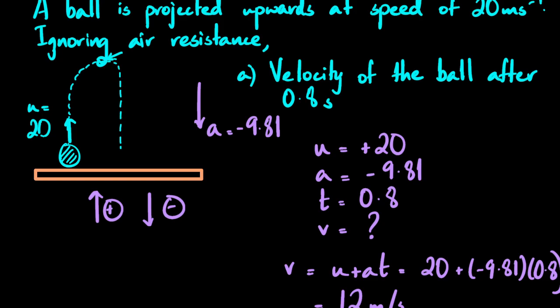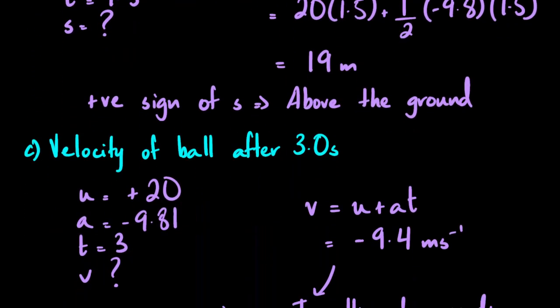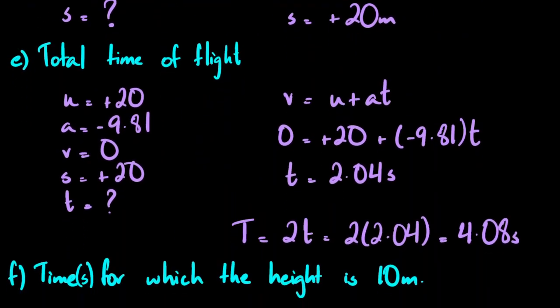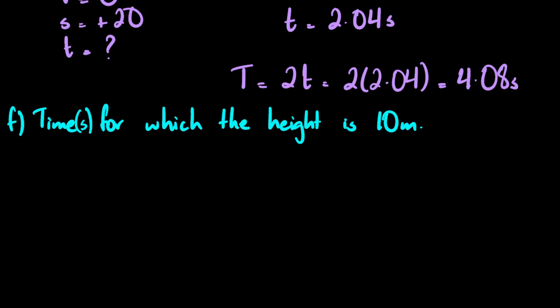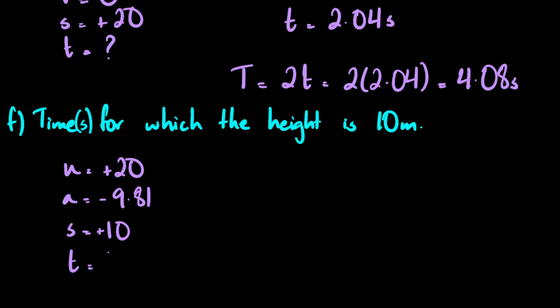So we'll actually have 2 times where the height is 10 meters, right? So we know this for a fact, but the equation will also work out in a way to show us this. So u is again positive 20, a is again negative 9.81, s is positive 10 because this is upwards from the ground, and we need to find out the time.